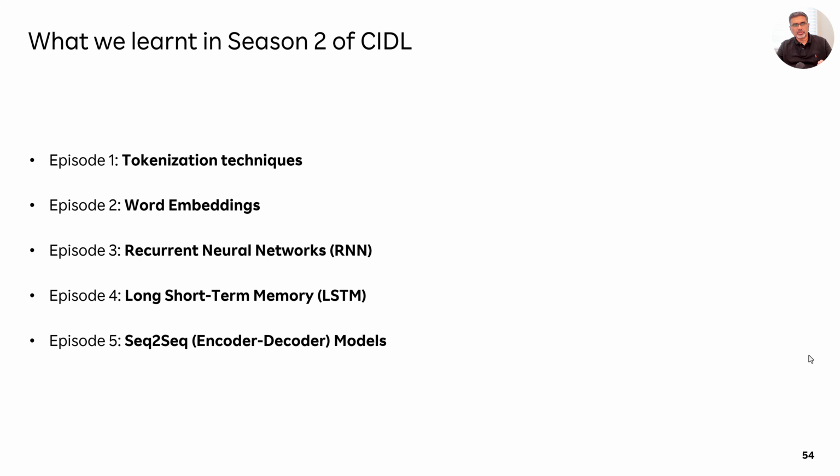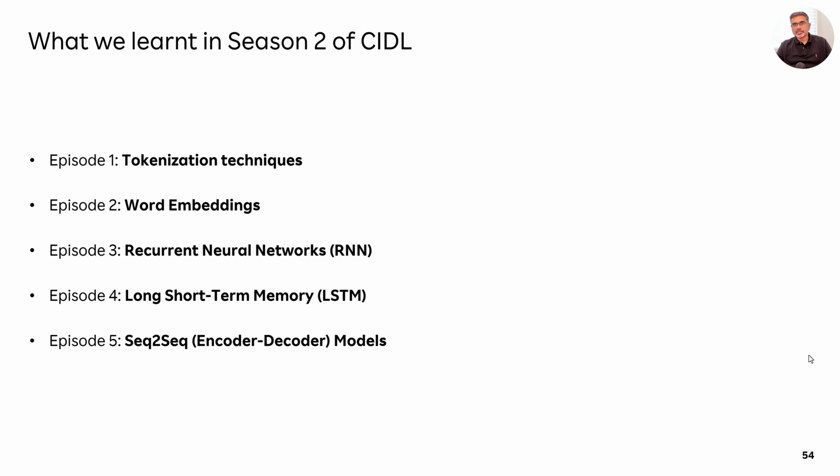Then I explained long short-term memory, which is an optimization of a classical RNN. I actually used the Breaking Bad TV series as a way to explain an extremely complicated technical concept called LSTM in episode 4 of season 2. And today's episode was sequence to sequence models. So with this, we conclude season 2 of our web series.